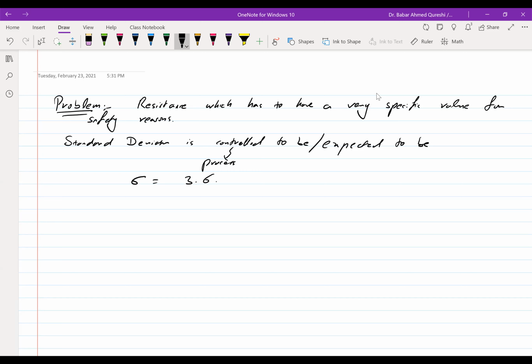There are some differences in the components, and suppose in your process you're expecting a standard deviation of 3.6, and it's known that the distribution of resistance values is normal, because in this case you can say something about the distribution of the variance in a sample.